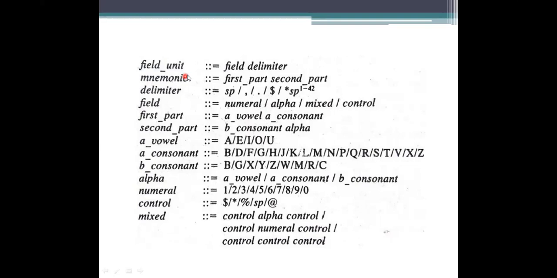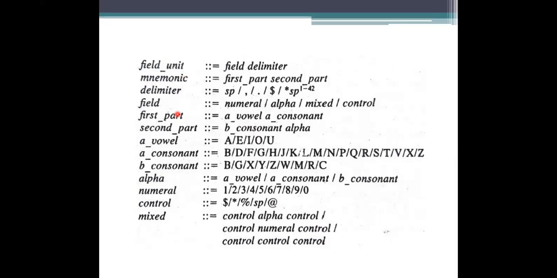What is a field? A field consists of the numeral, alphabet, and then mixed version and the control also. So what is the first part? The first part here means mnemonic. What is a mnemonic? Mnemonic is a first part and second part. The first part information here is at the bottom of that one. What does it consist of? It consists of a vowel and a consonant here.